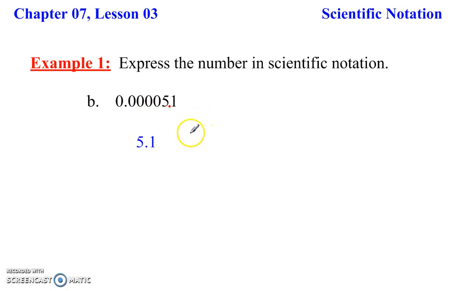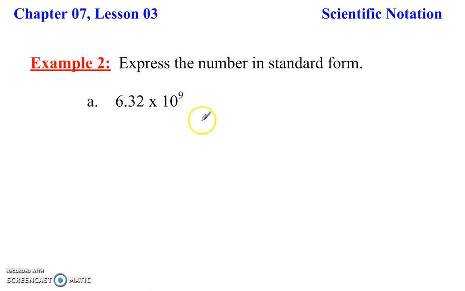Remember, don't count zeros. 1, 2, 3, 4, 5 places to move the decimal. Now it's a very small number. It's smaller than 1, so it's going to be a negative exponent, the negative fifth. Very small number, negative exponent, because remember, a negative exponent means division. That means we've divided to get a tiny little number like that.